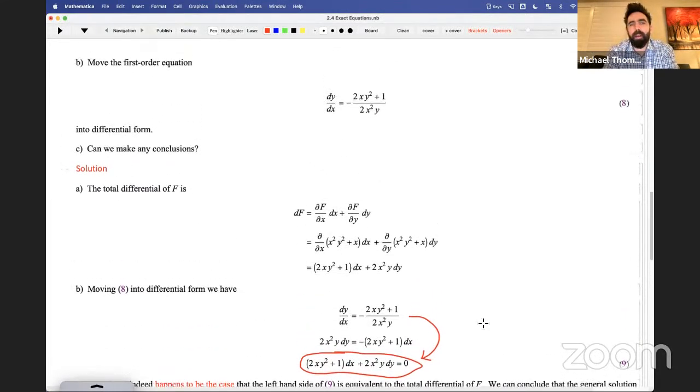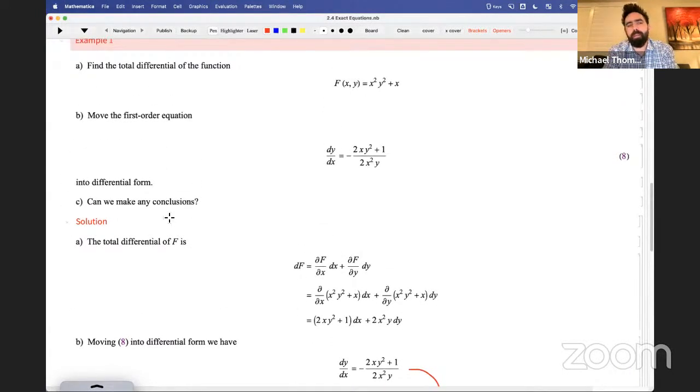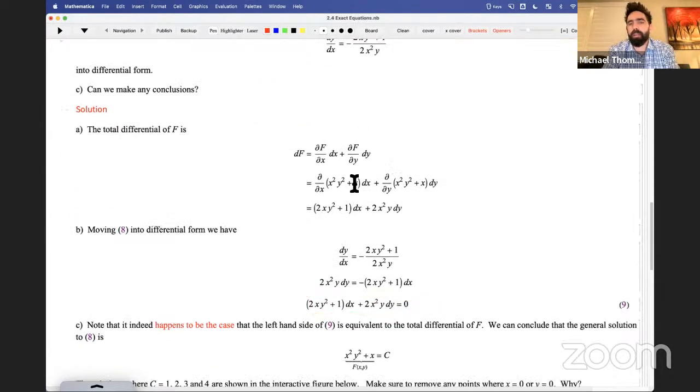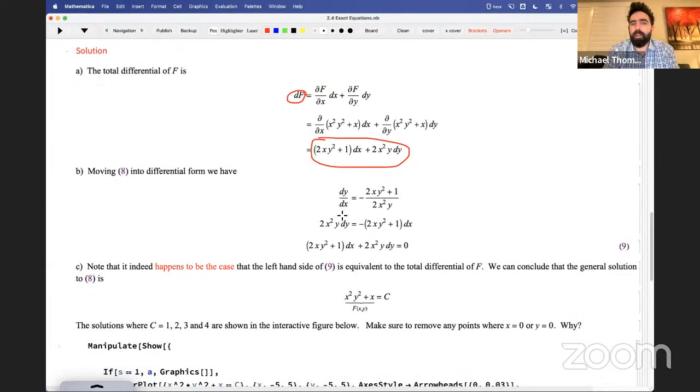Okay, so now the third part is asking us, can we make any conclusions? Well, look, I gave you this function out of the blue, and we found its total differential. And then, on an unrelated note, I gave you this differential equation and we found its total differential form. Look at the total differential of f, and then look at the left-hand side of our equation, which is in differential form.